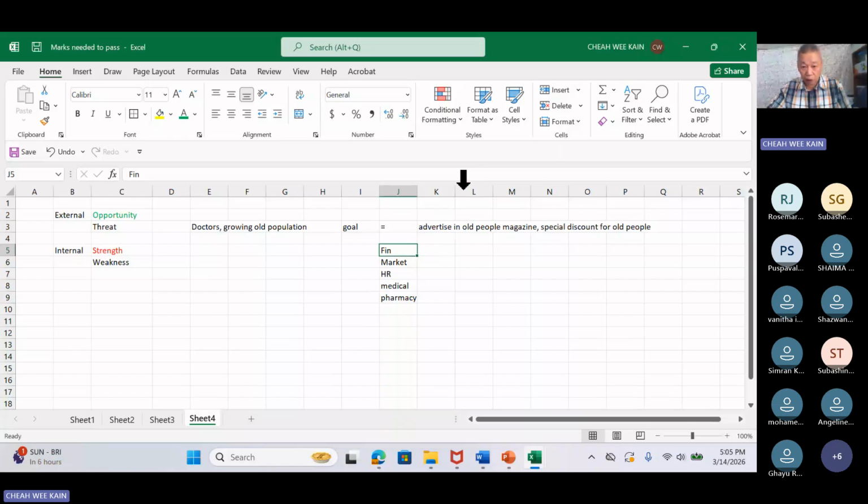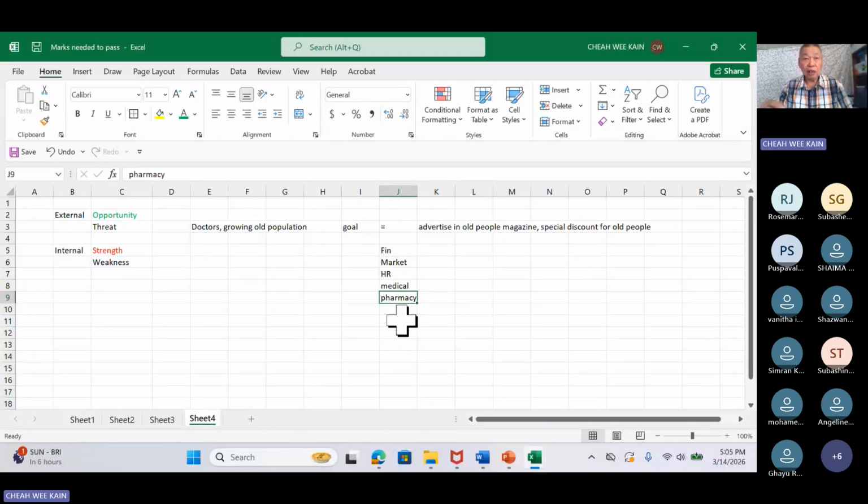Let's say, for example, this goal is for old people. The finance department is not going to ask money to build a children's hospital. Does it make sense? Understand? Pharmacy, what's your goal? Try to get cheap generic drugs from India for old people's diseases.